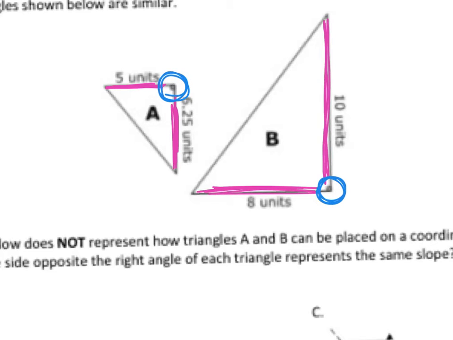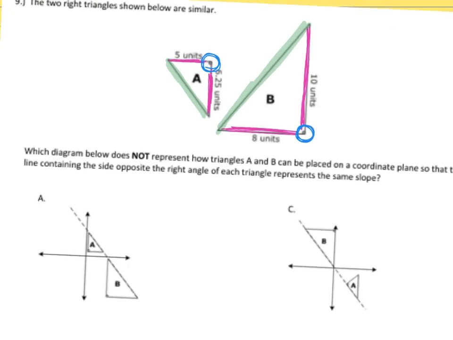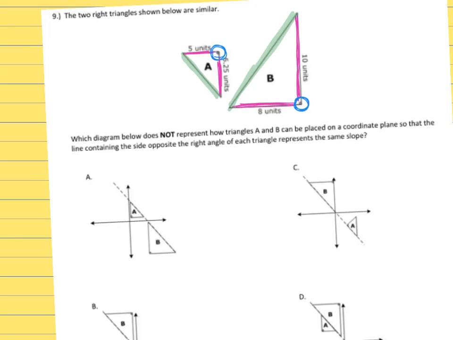Now, it's saying the line that's opposite is supposed to be the slope. And we want to pick the picture that does not have the slope going on the same line. Again, it says which one does not have the same slope. Okay, the slope in this picture is my green line because it's the slanted one that's connected by the two rise and run lines.